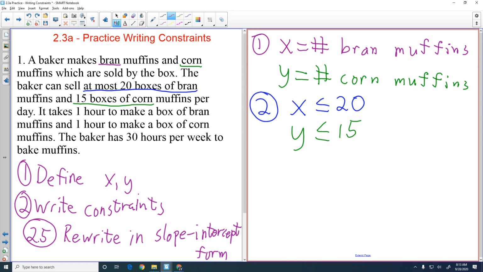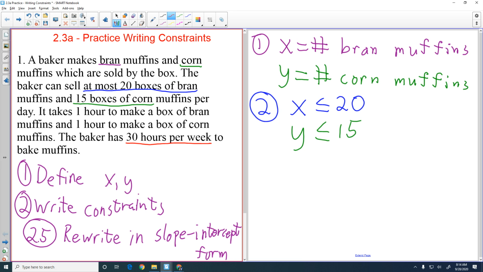It takes 1 hour to make a box of bran muffins, 1 hour to make a box of corn muffins, and he only has a total of 30 hours per week to bake muffins. Now, instead of these being separate inequalities like the previous ones, this is one combined one. So basically, like the baker's oven, he can bake either bran muffins or corn muffins at a time, but not both.